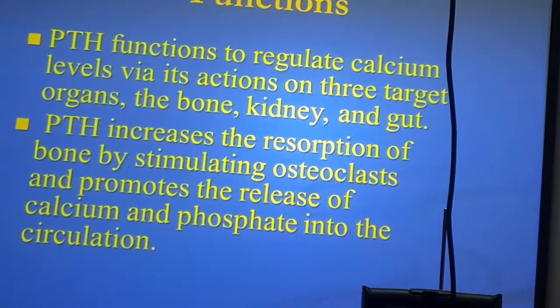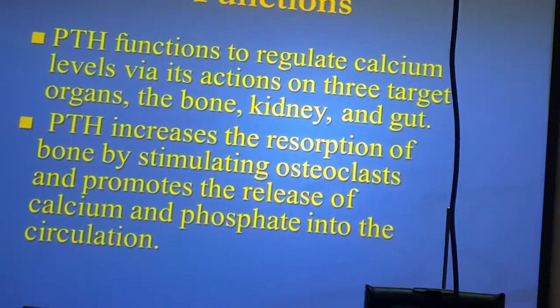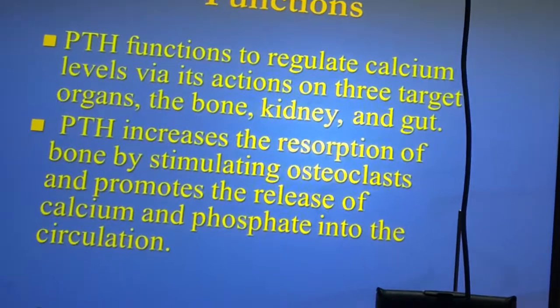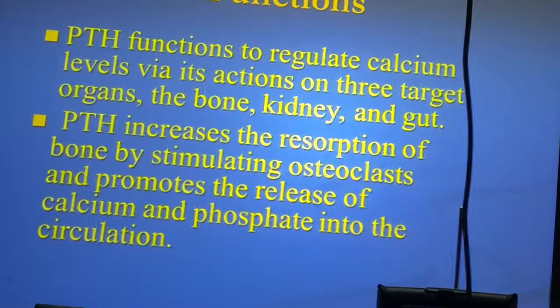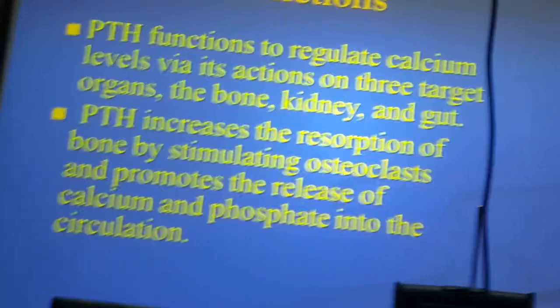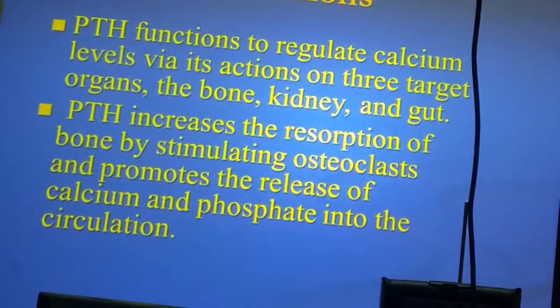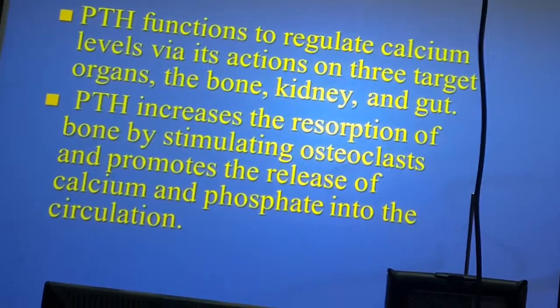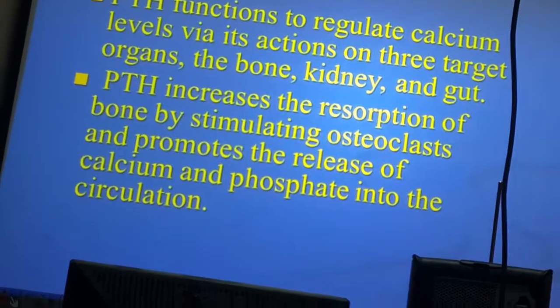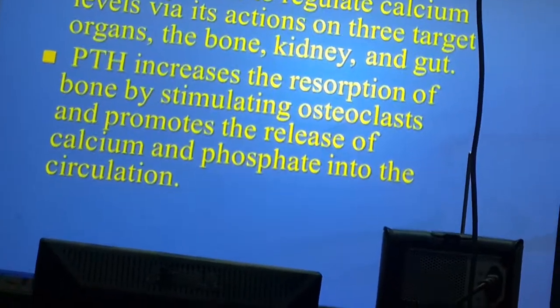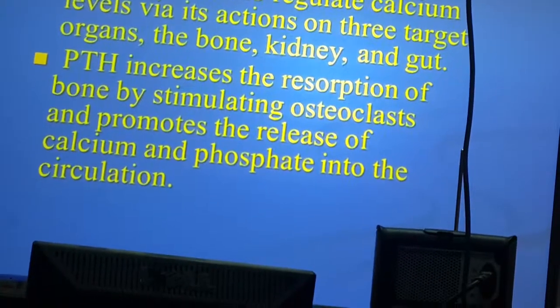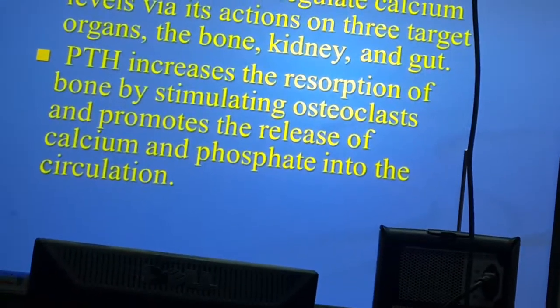It increases the resorption of bone by stimulating osteoclasts and promotes the release of calcium and phosphate into the circulation. So it increases the serum calcium level due to secretion of parathyroid hormone.